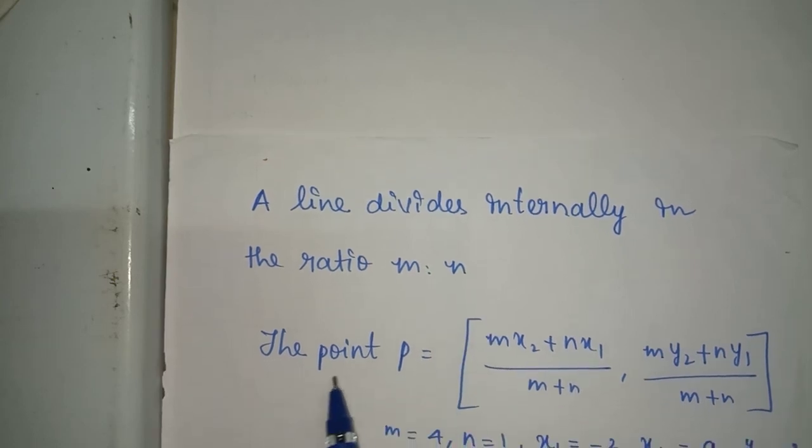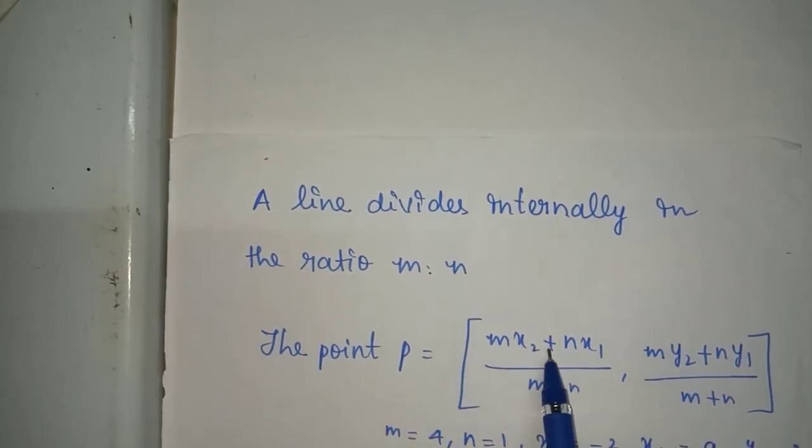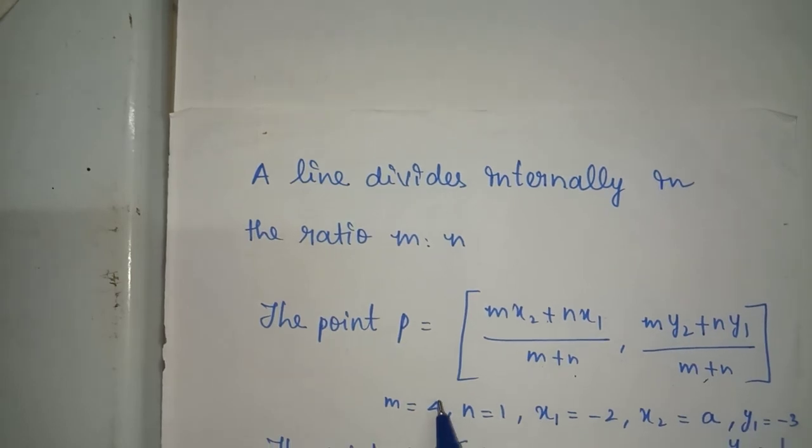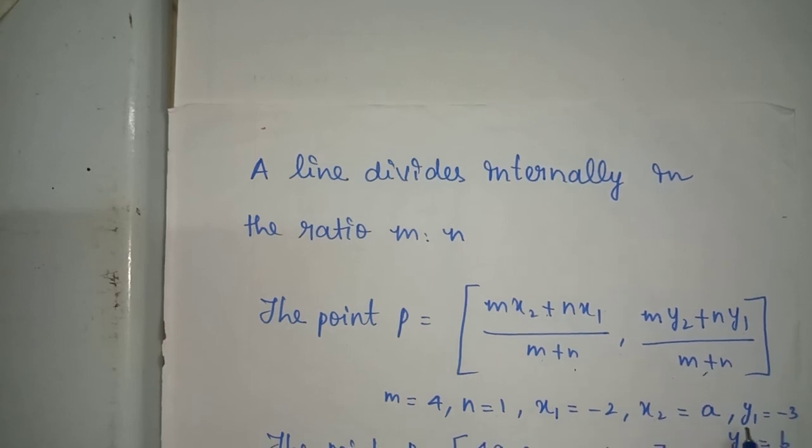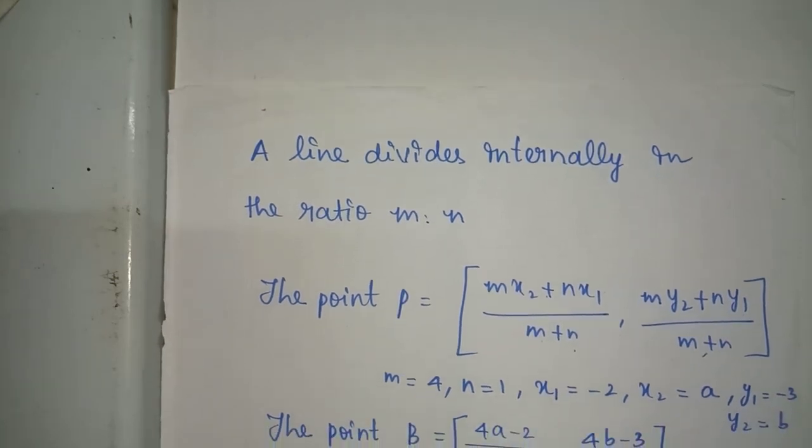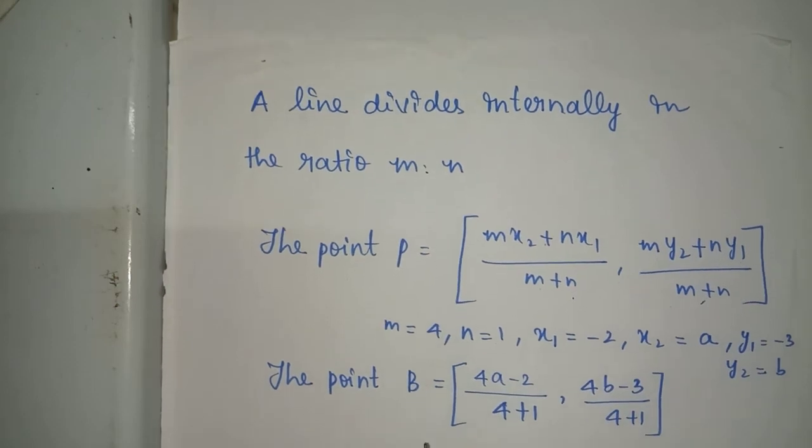Therefore, a line divides internally in the ratio m is to n. This is the formula. So the point P is equal to mx2 plus nx1 divided by m plus n, comma, my2 plus ny1 divided by m plus n. So the value of m is equal to 4, n is 1, x1 is minus 2, x2 is a, y1 is minus 3 and y2 is b. So substitute the values.